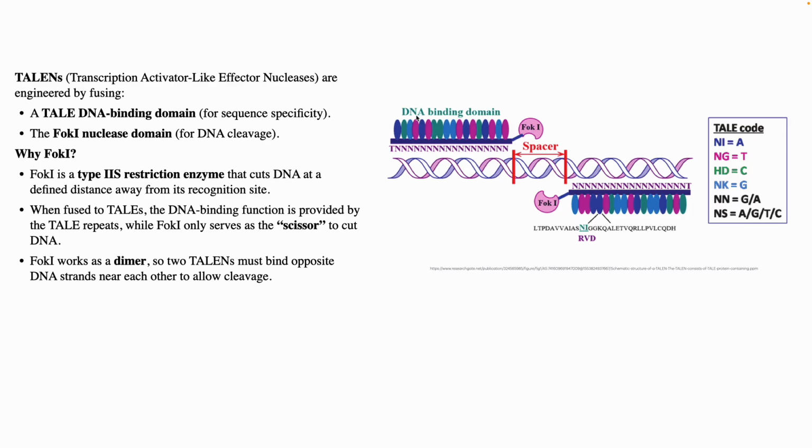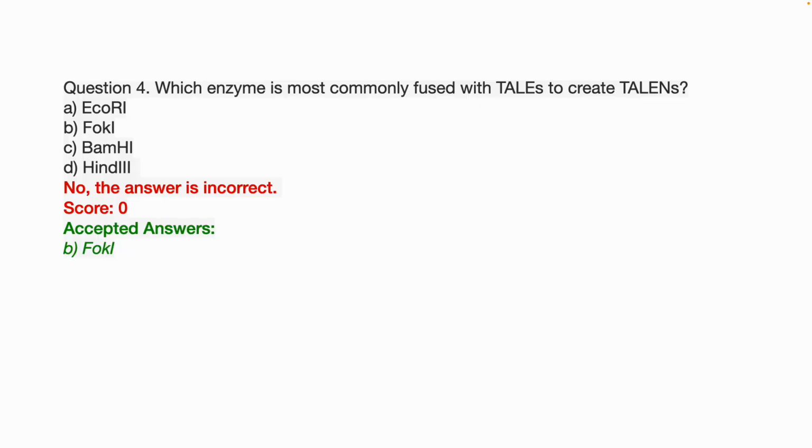So the DNA binding domain recognizes the target site, and what FokI does is it cleaves a defined distance away from the recognition site, at a certain position on the spacer sequence. So the FokI endonuclease is attached with the TAL protein to make an effector TALEN protein. So the correct option is option B.